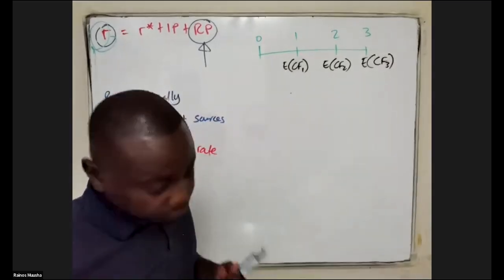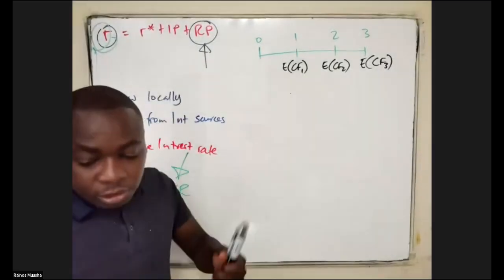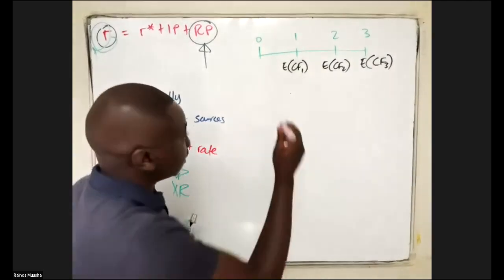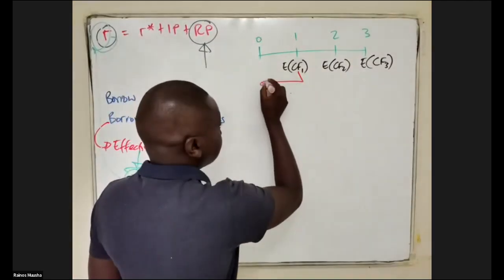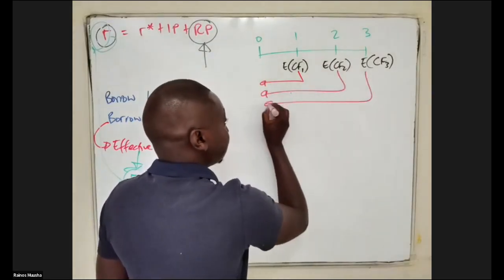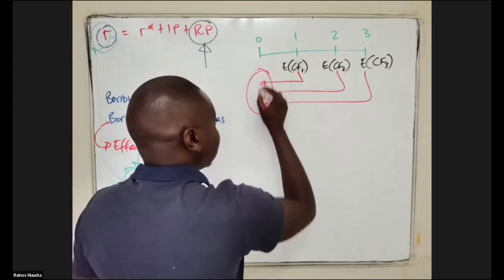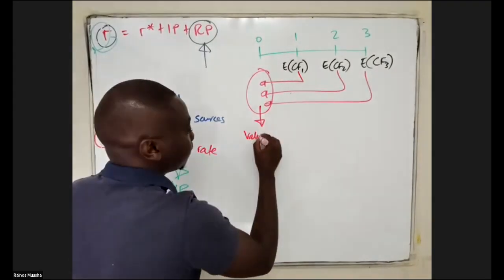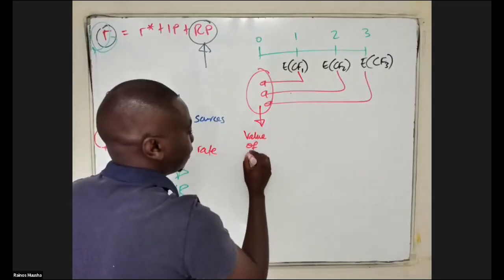Remember we said the value of a security today, or the value of a company today, is the present value of expected future cash flows, which means these future cash flows are being discounted back to present value. The total of these discounted cash flows becomes the value of the firm.